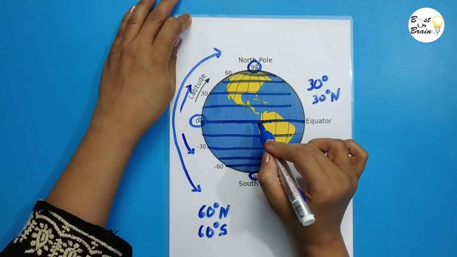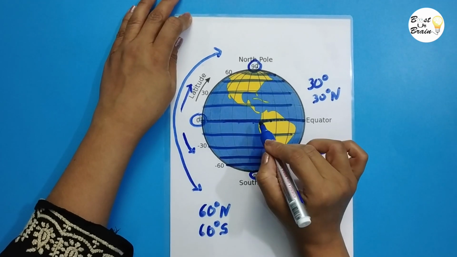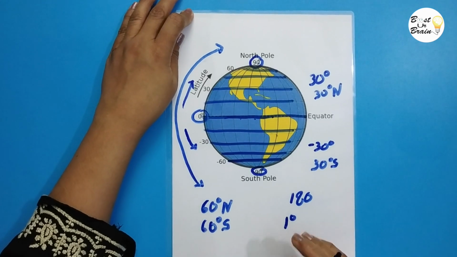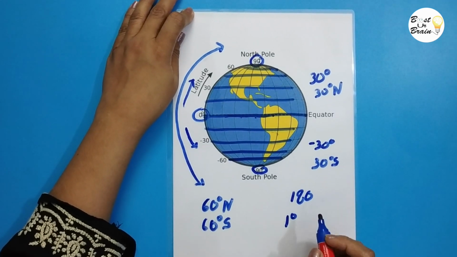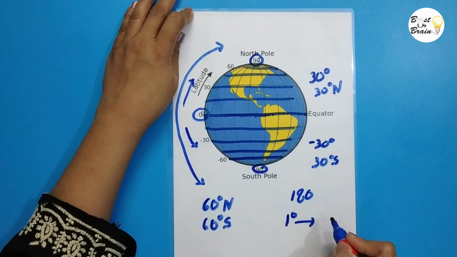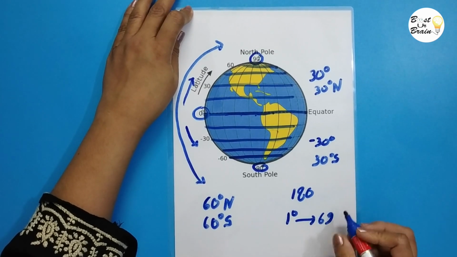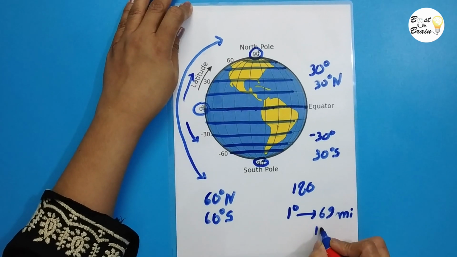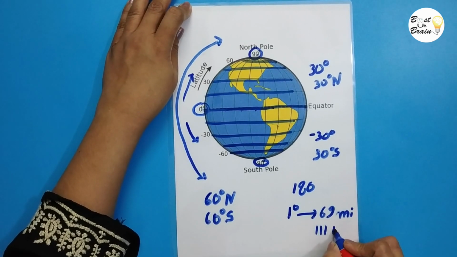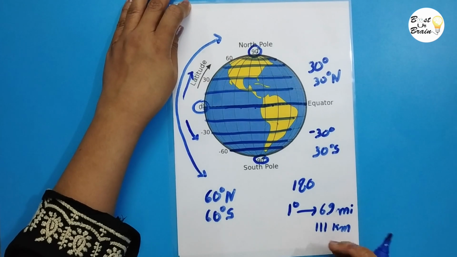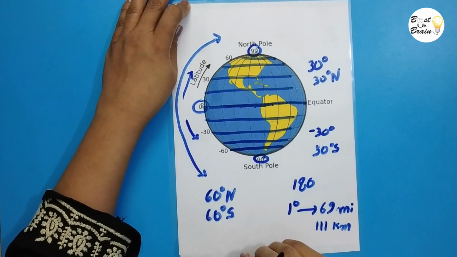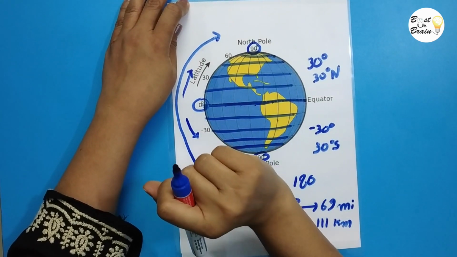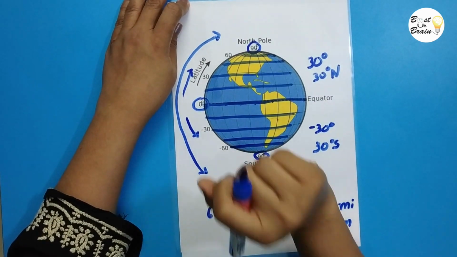These lines are known as parallels. Each degree of latitude is approximately 69 miles or 111 kilometers apart. So, this is how we number latitude on our earth.